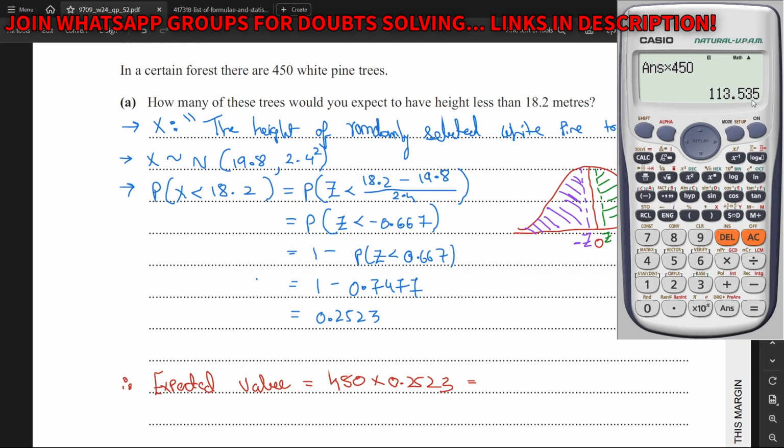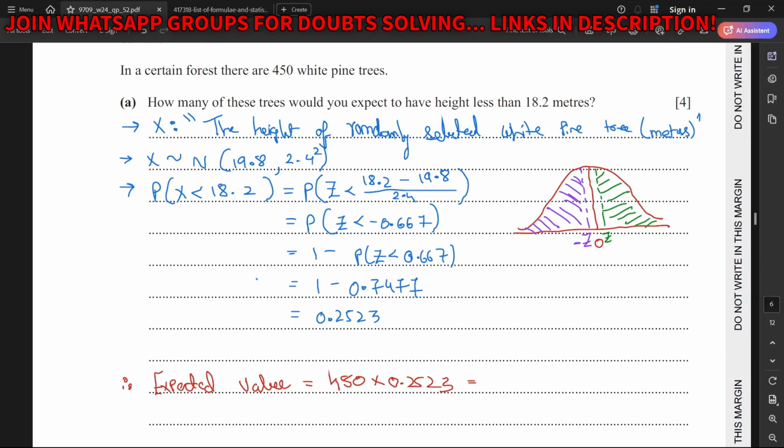It is 113.5, which means I cannot have half a pine tree. So let's say it's going to be 113 pine trees. 113 will be the answer. White pine trees. So that becomes your final answer for the first part in question 4.